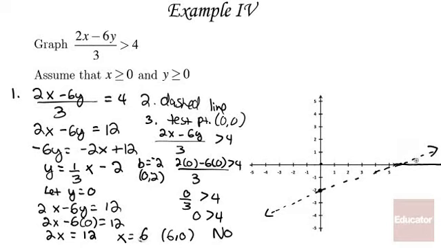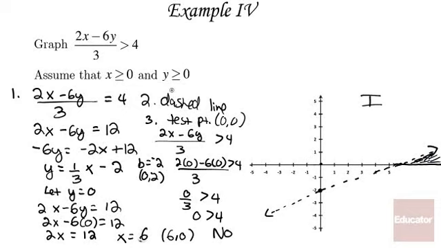So what I have to do is only shade the part of the half plane that contains values for x and y that are positive. So remember, in the first quadrant, the values for x are positive and the values for y are positive. So I need the area in this half plane that also lies in the first quadrant.